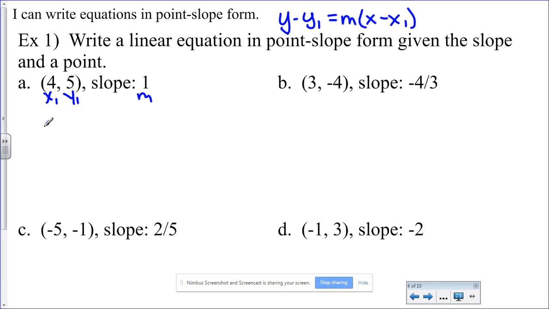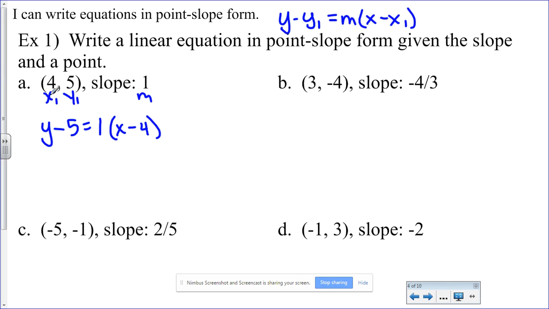So in my formula, y minus 5, okay, so notice it was a positive 5 in the point, changed to a minus in the problem, equals 1 times x minus 4.